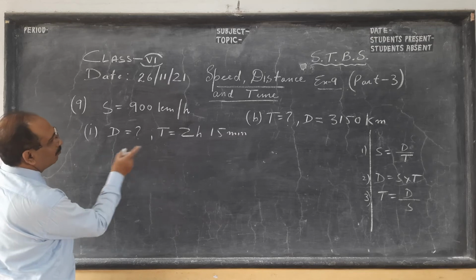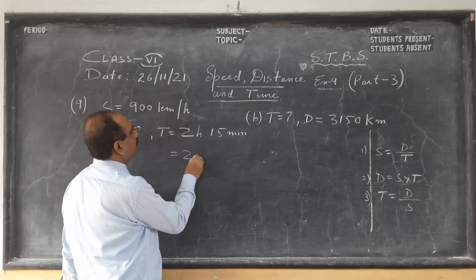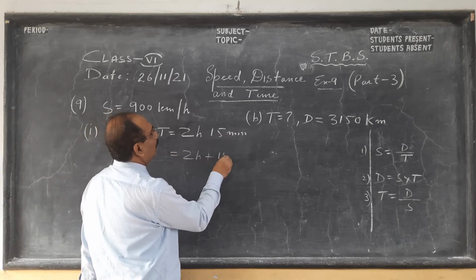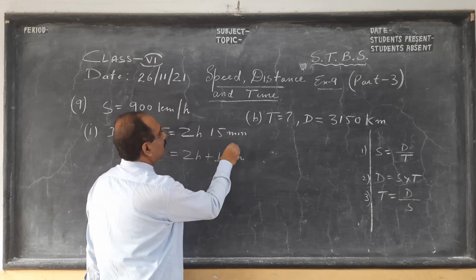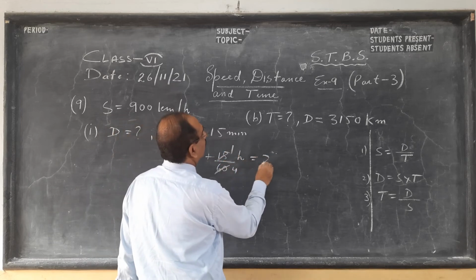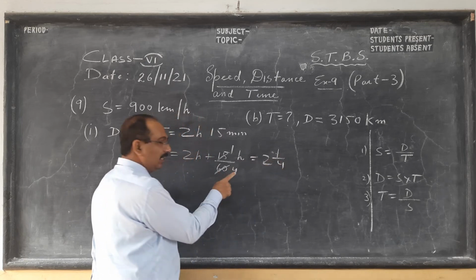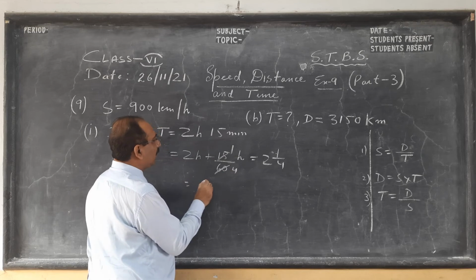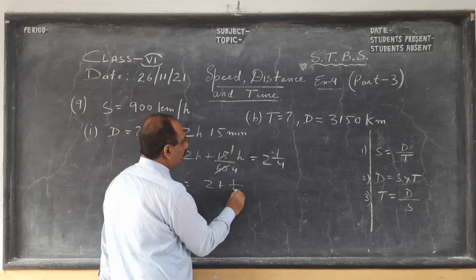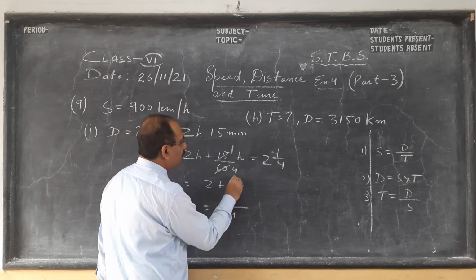Time is given. So the first thing is you convert time fully into hours. So this will be 15 by 60 hour. This is 1/4. So this will directly become 2 1/4. If this is a proper fraction, children, simply add. Otherwise there is another long way: 2 plus 1/4, take LCM 4.